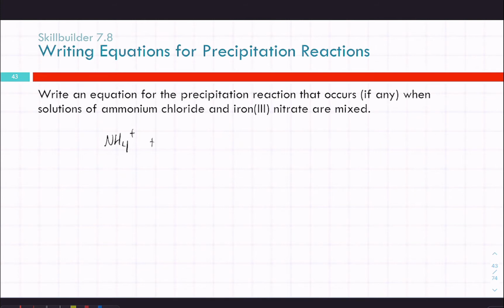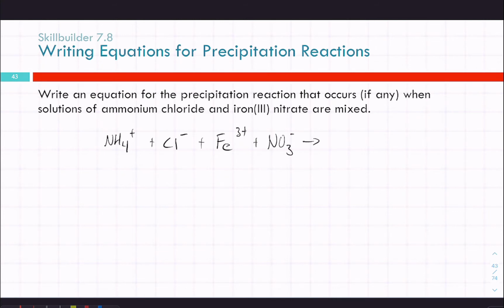I'm going to write it out this way this time. Get all the ions first. So chloride is Cl-. Iron, again, transition metal, so we're given the charge, 3+, plus nitrate, which is NO3-.